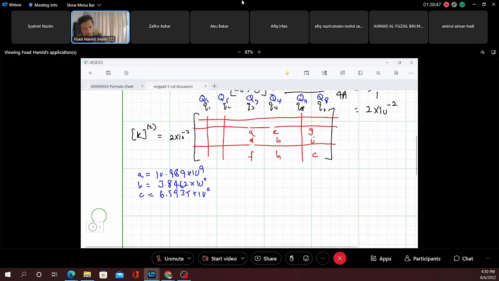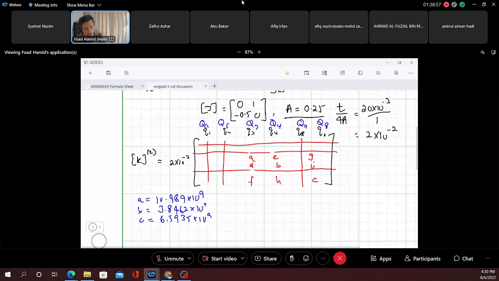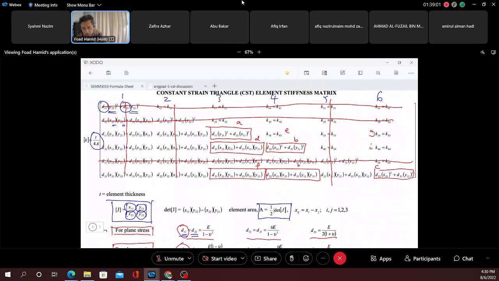And of course, now we can find that, okay, D and E, D equal to E is just 0, because these two are 0.